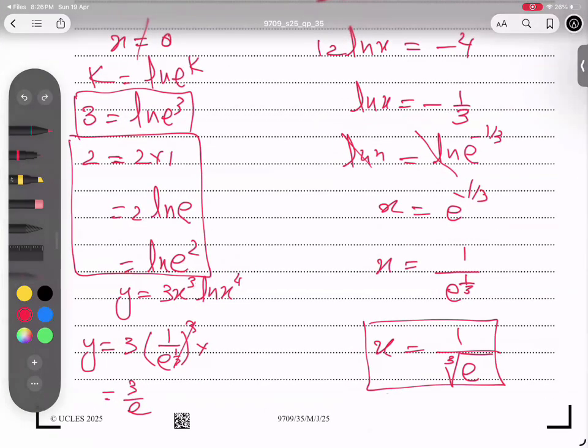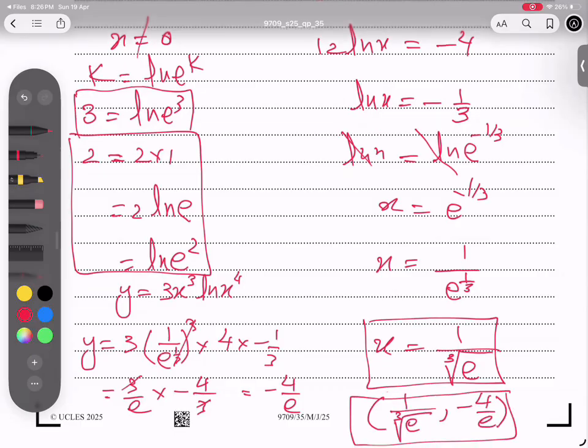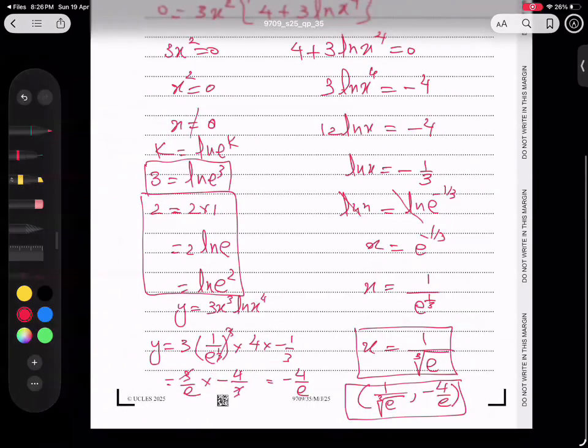I got 4 ln x and ln x is replaced by this one. So I got negative 1 over 3, so basically I got negative 4 over 3. The 3 cancels. I got negative 4 over e. So the y coordinate I got. So the answer finally comes here: this and negative 4 over e. So I hope the concept of the question is completely clear.